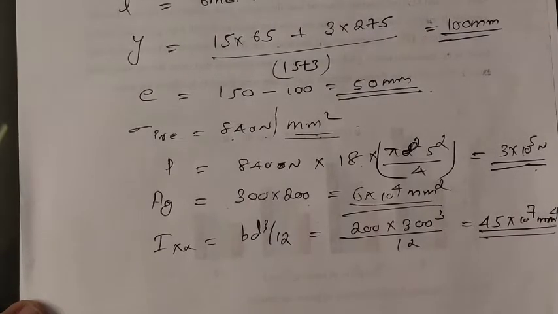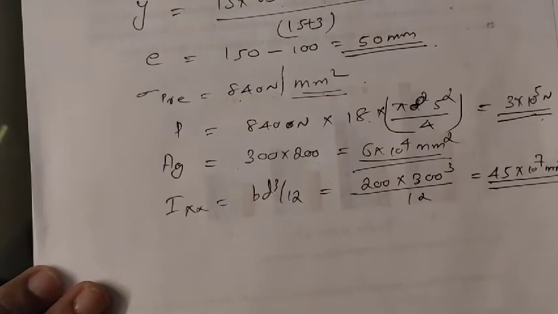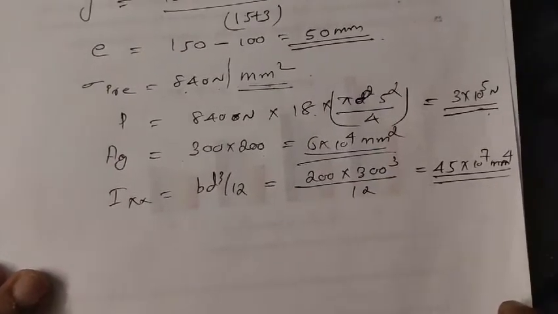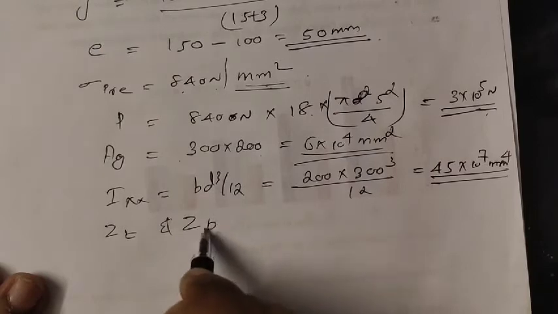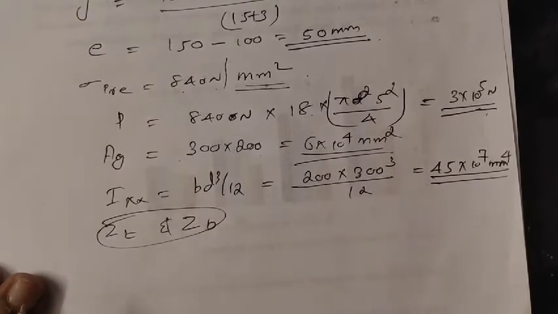The next step is to calculate the section modulus, that is Z. From the derivations and analysis, we already studied two types of section modulus, section top and section bottom. So right now we want to know, is it the same or different?